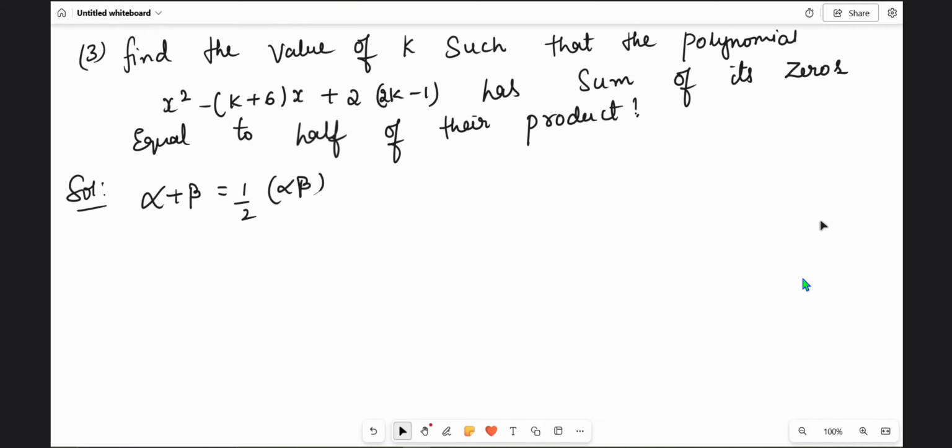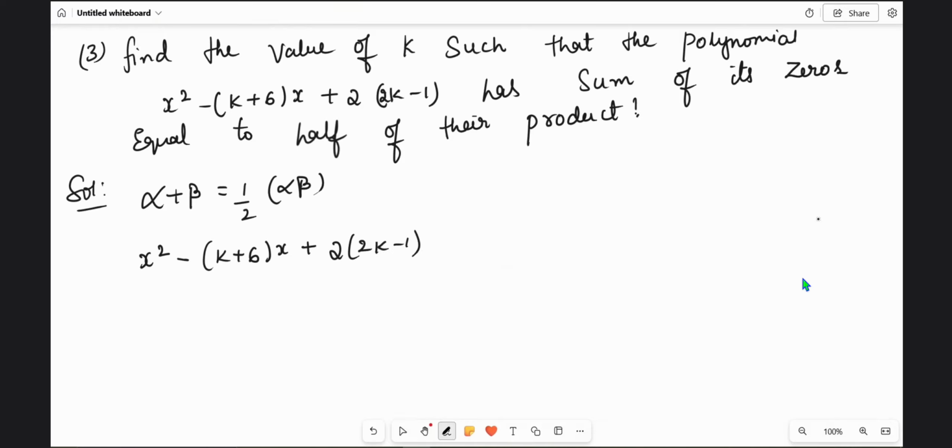So what is the polynomial they have given? x square minus (k plus 6) x plus 2 into (2k minus 1).